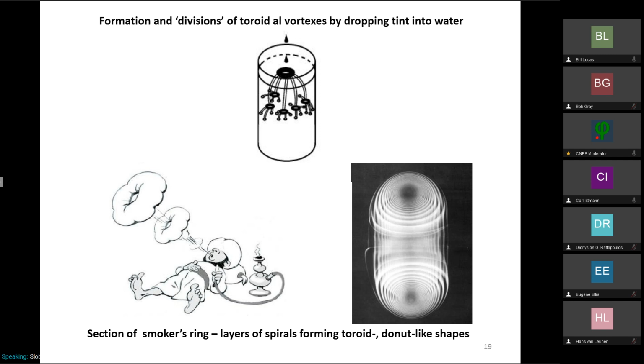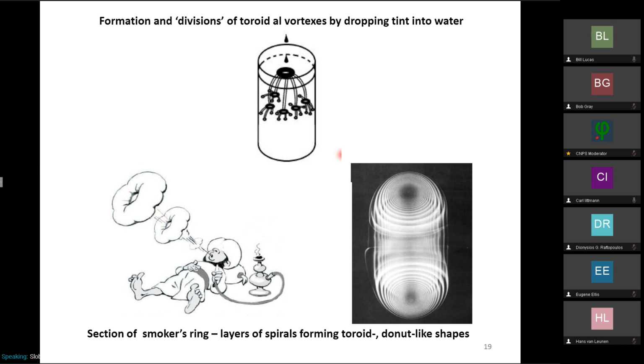Okay, here is some illustration taken from the book. Actually, just recently I came across an old album with different forms, topologies, structures within fluids in general. For example, one can see here a cross section of a toroidal vortex in a gas fluid. Here is a cross section of a smoker's ring.